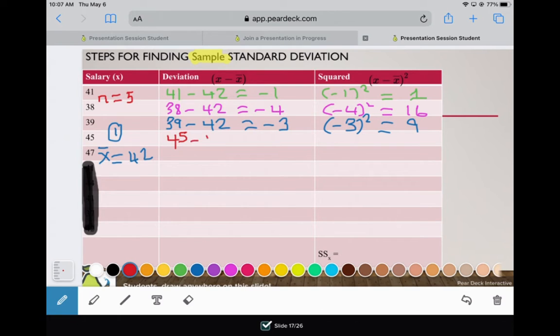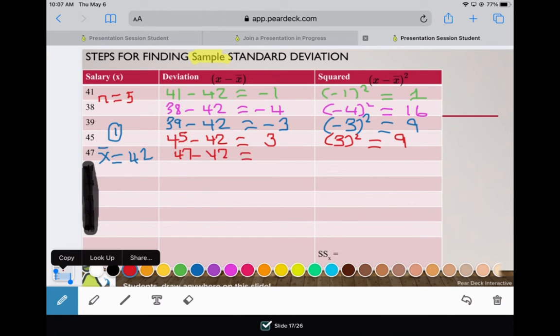So 45 minus 42, but the steps are going to be pretty much the same. 45 minus 42 is 3, so 3 squared is 9. 47 minus 42 is 5. 5 squared is 25. So those are the first 3 steps.